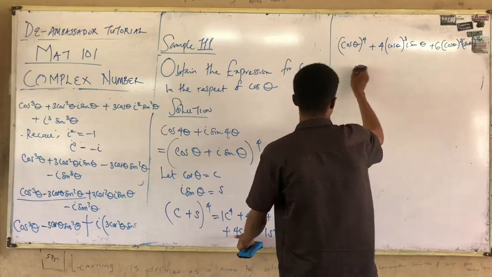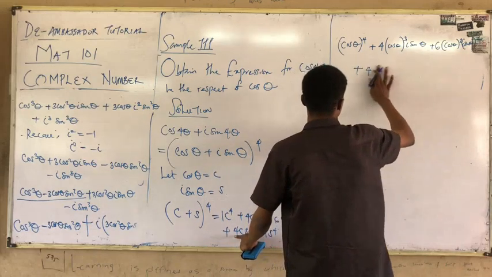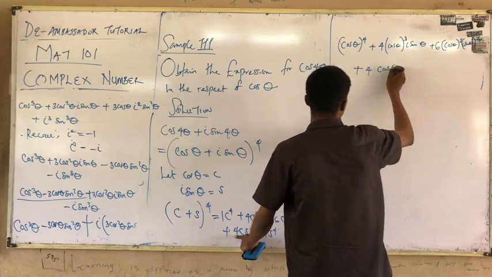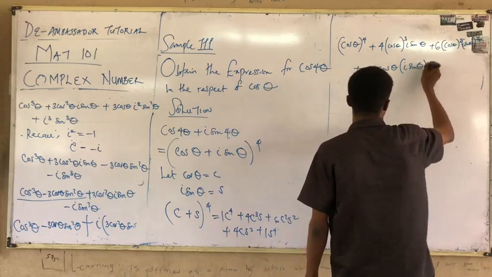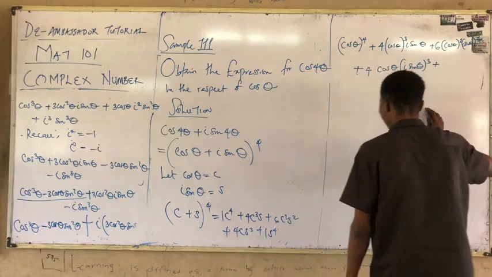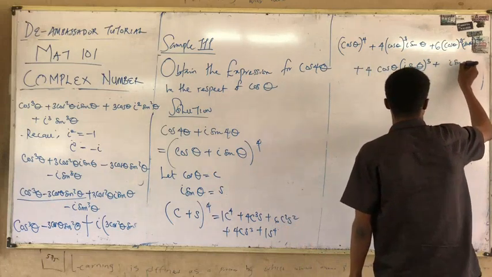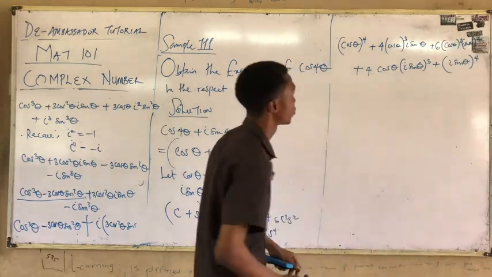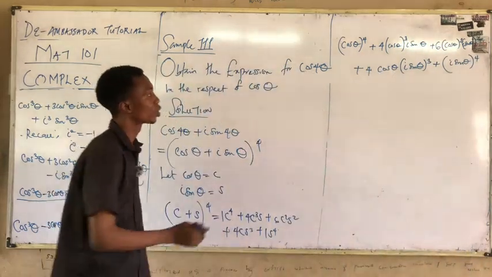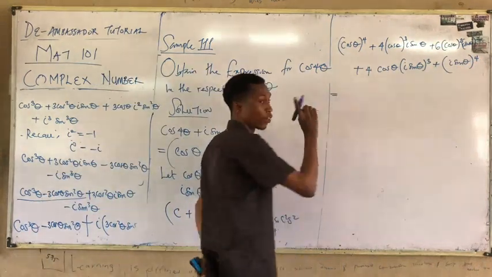Plus 4 cos theta, then in bracket I sin theta cube, plus I sin theta all to the power of 4. Pay attention, the goal is very interesting.